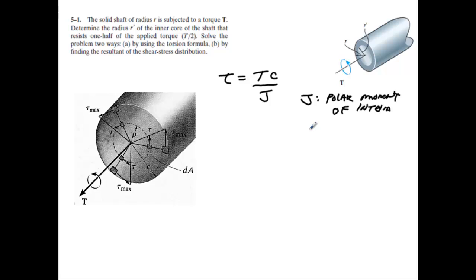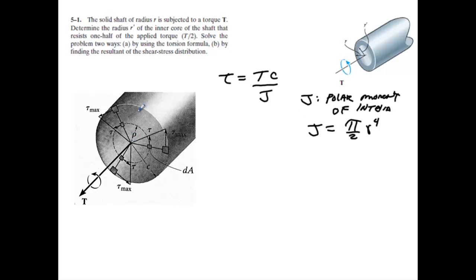So for a solid shaft, the J value is always going to be pi over 2 times the radius to the 4th. And that's the polar moment of inertia. And this R is from the center to the outer radius.